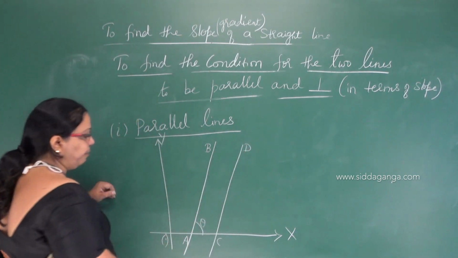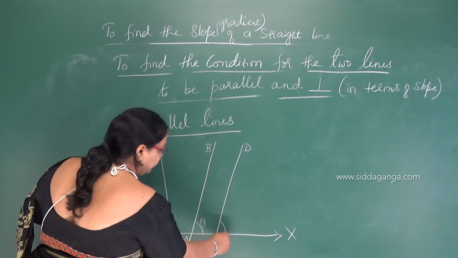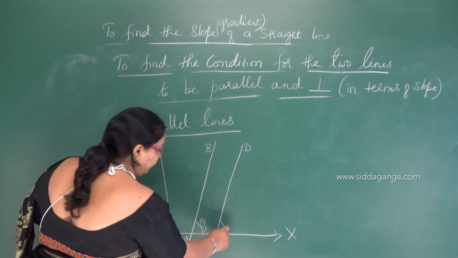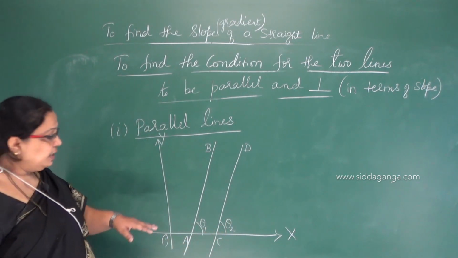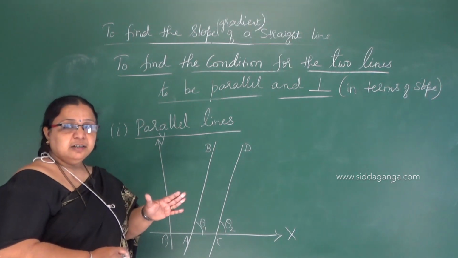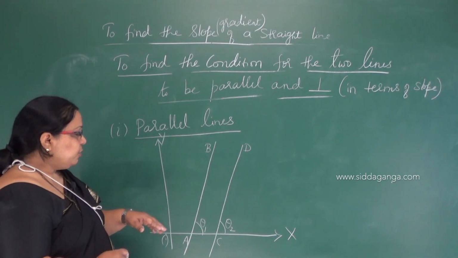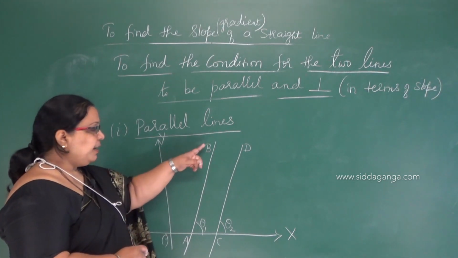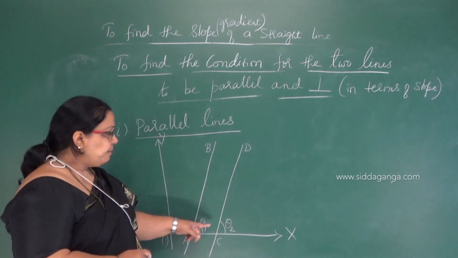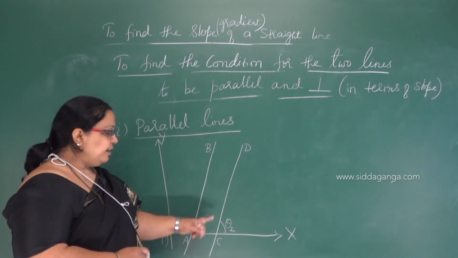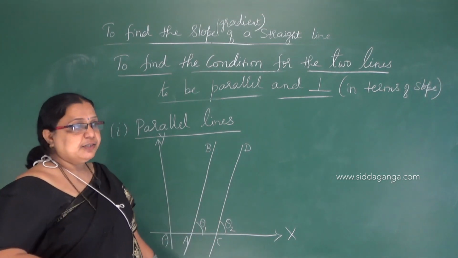Since the lines are parallel, suppose you take this as theta 1 and this as theta 2. So let the line AB make an angle theta 1 with positive x-axis and the line CD make an angle theta 2 with the positive x-axis.